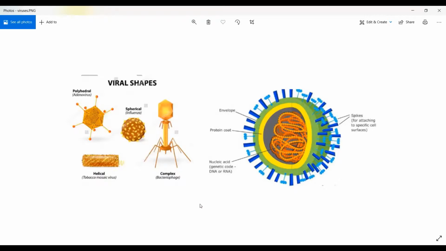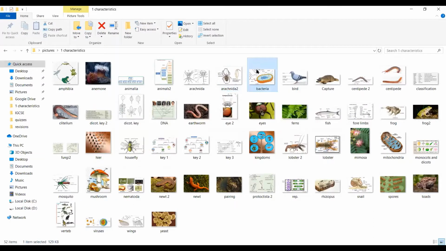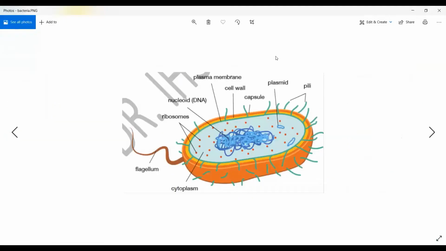This is the bacteria. Here it is. As you can see, there is a cell wall, the yellow one, and the green one inside is the cell membrane. The outer one is a capsule, and it's not found in all bacteria. This is the cytoplasm.